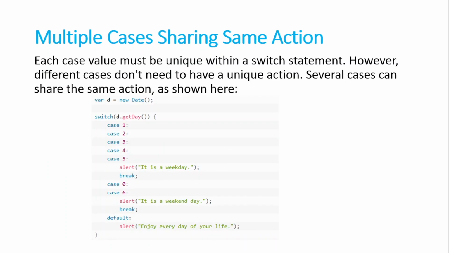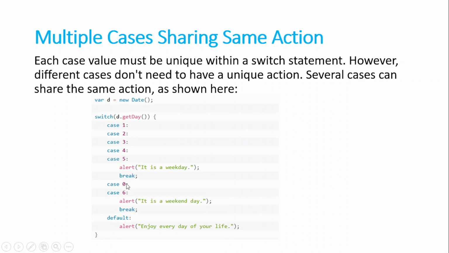In this case you can see multiple cases are there, so we can also add multiple cases to check. We can check if 1, 2, 3, 4, 5 is the case, and then alert that it is a weekday, and add a break so the others are not executed after this.